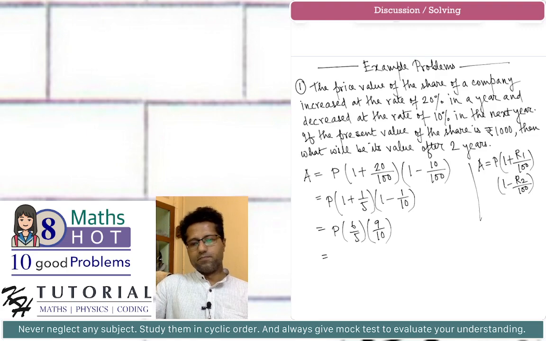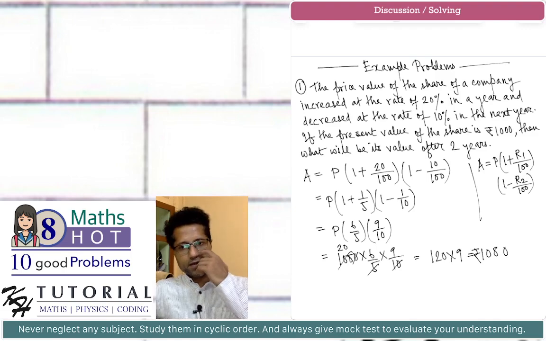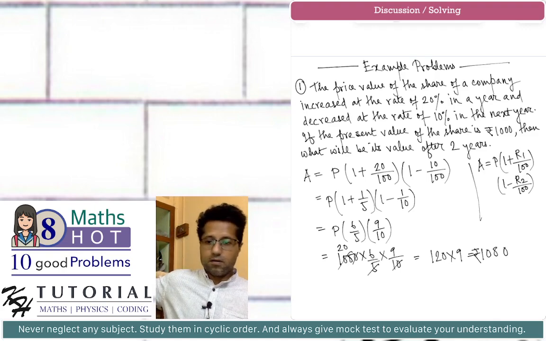So this is equal to, P is given to be 1000, multiplied by 6 by 5 multiplied by 9 by 10. Okay, so the zeros cancel out, and 5 twos are 10. So this is equal to 120 multiplied by 9, which is 1080. So the price value of the share after 2 years will be 1080.